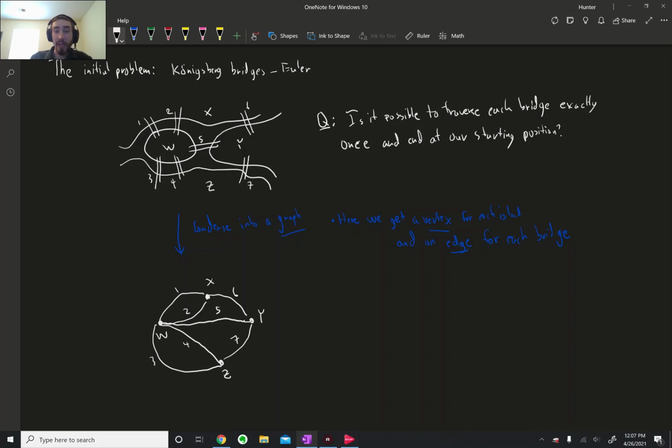And this gives us a more abstract way to manipulate the information in the problem, and maybe this makes it a little bit easier to analyze the answer to Euler's problem.